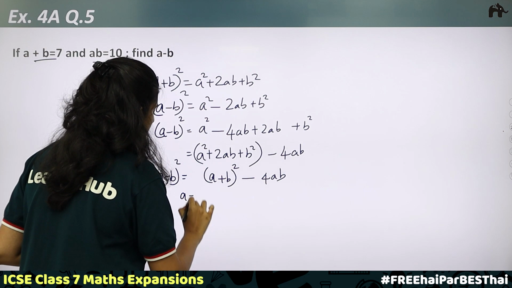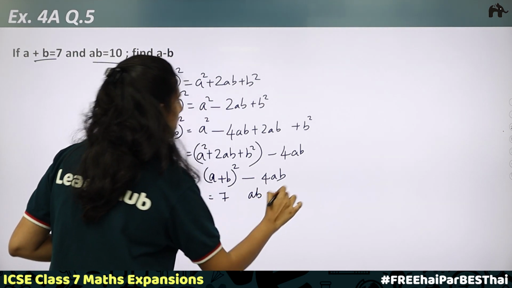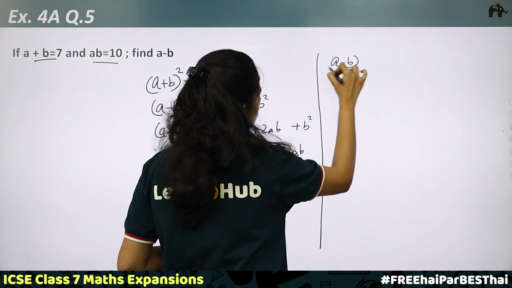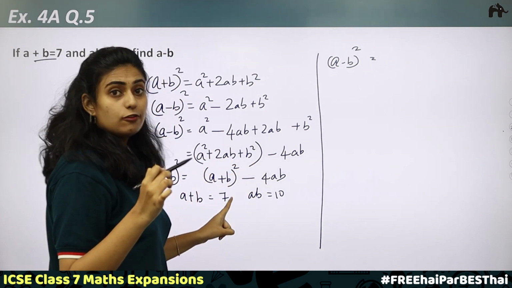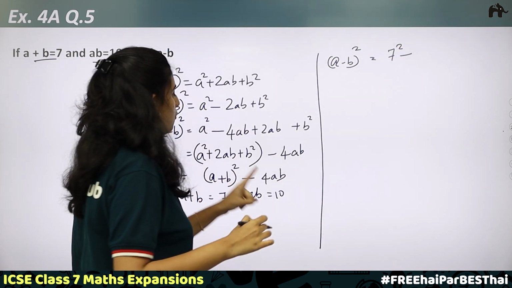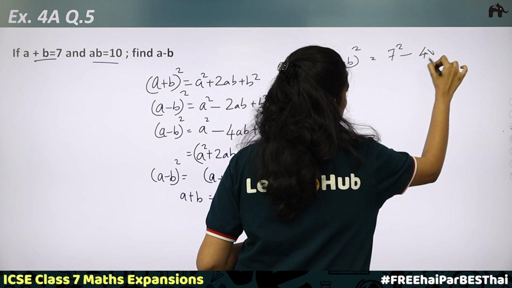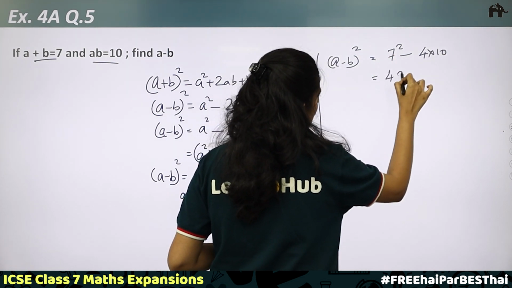We have a plus b is equal to 7 and ab is equal to 10. Now substitute the values. You will be getting a minus b whole square is equal to, what is a plus b whole square? A plus b is 7, therefore 7 square, minus 4ab. ab is equal to 10, therefore 4 into 10. 7 square is 49.